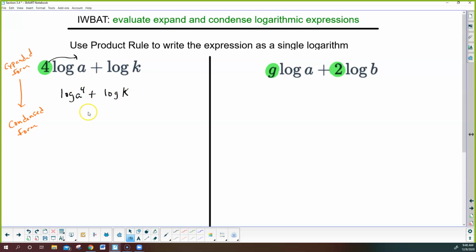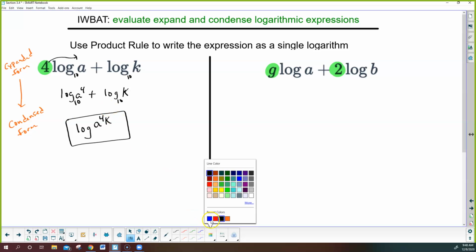So it's the product of the two pieces. Notice, by the way, this has to be true. I should have pointed this out at the start. The base has to be the same for us to apply these rules. If we have different bases, then we cannot apply the rules that we just learned. So now, because the bases are both 10, then we've got the log of the product of a to the 4th times k. And officially, this is the answer that would be accepted.